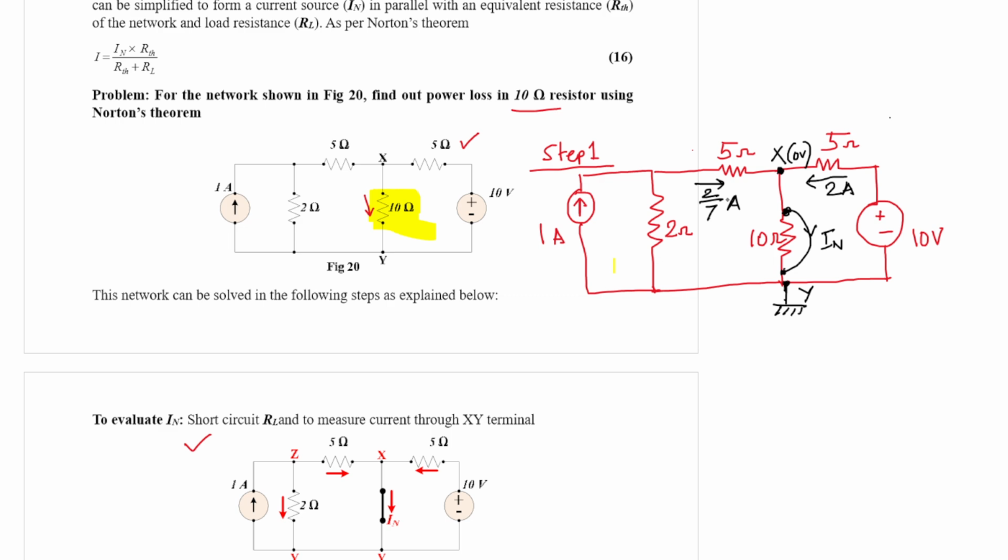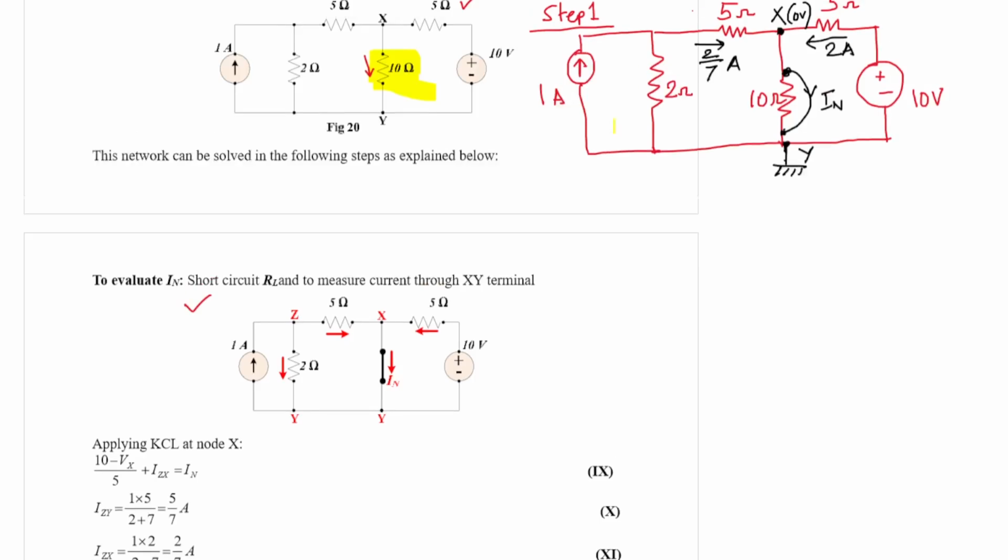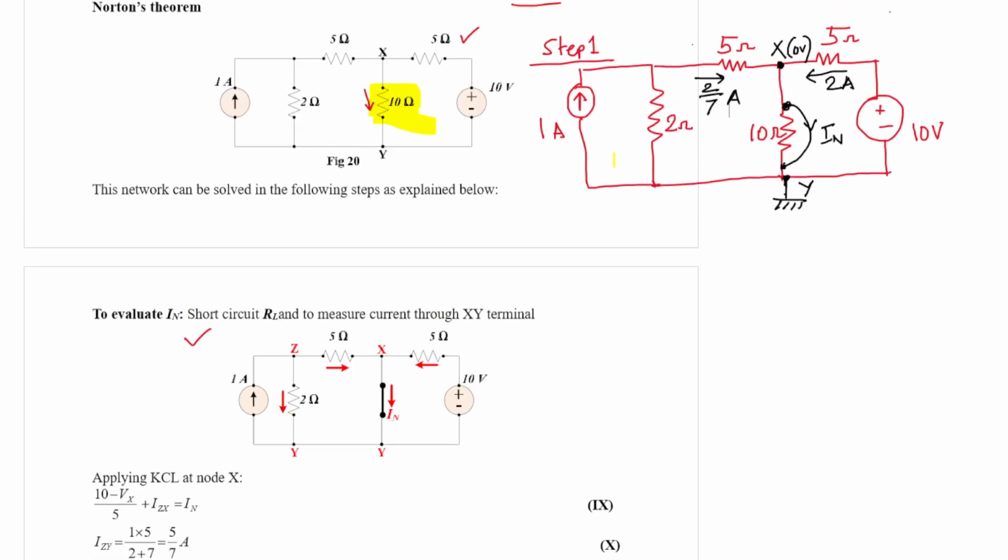Now why? What is the reason? Let me solve one by one, writing one equation at a time. You see this is short circuited, so node X now becomes the ground node.